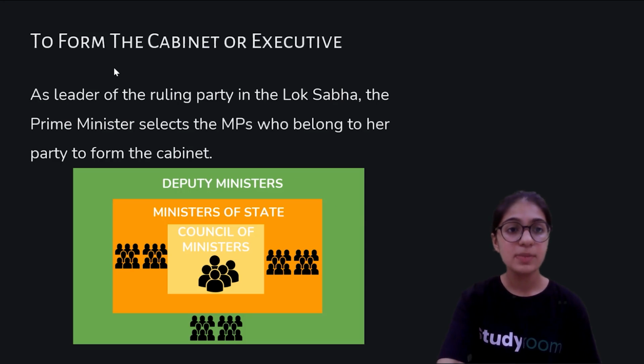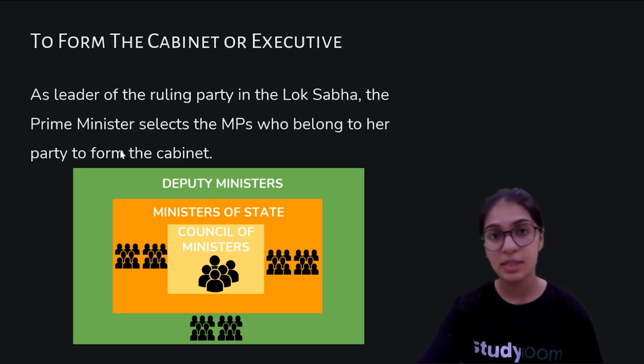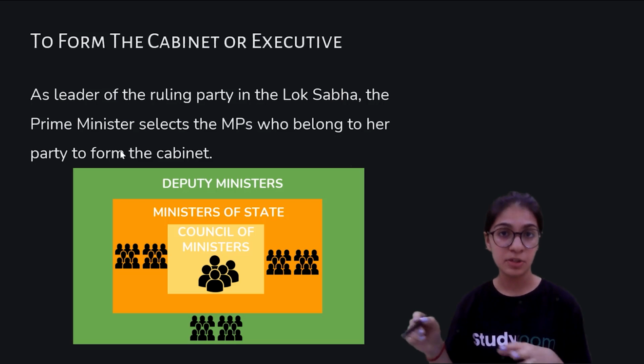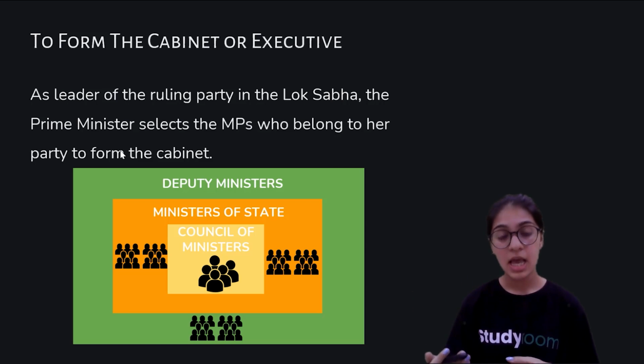Yeah, so in this slide, we could see that the leader of the ruling party in the Lok Sabha, which is called the Prime Minister, belongs to the party forming the cabinet. After the BJP has become the ruling party in the parliament, all the members of the parliament of that ruling party will decide the Prime Minister amongst them. Once the Prime Minister is elected, the Prime Minister chooses the other ministers.